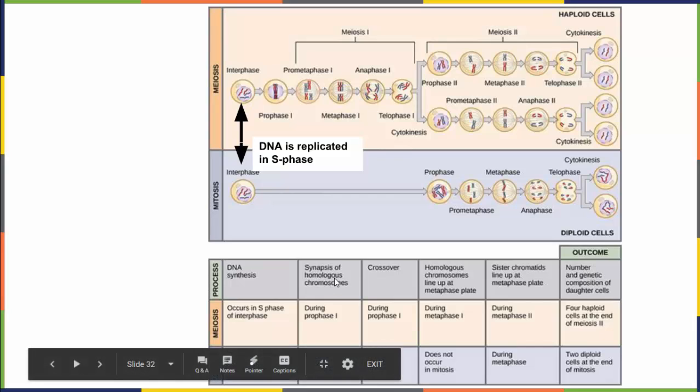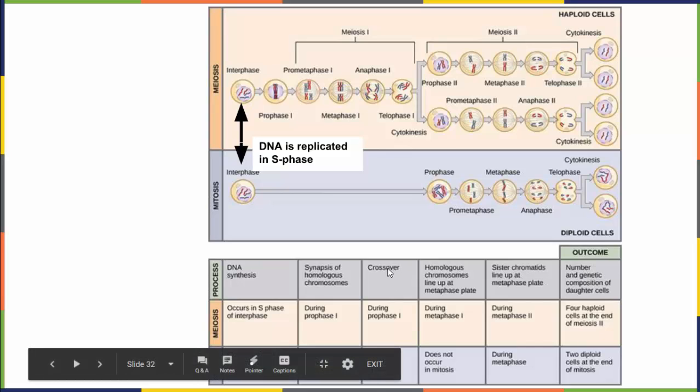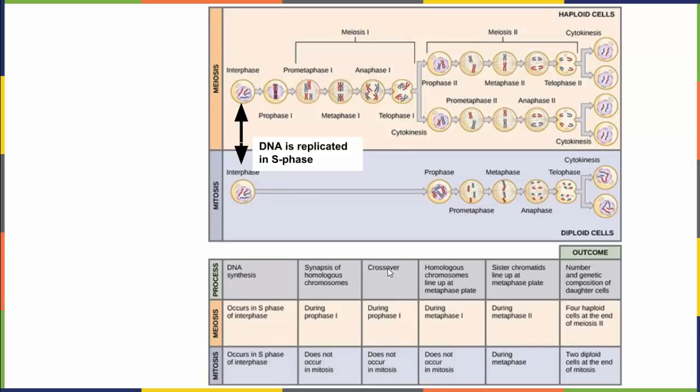So this is where they form that synapse, that tetrad formation, where the homologous chromosomes cuddle up together. It does not occur in mitosis. It occurs during prophase 1 of meiosis. Crossing over, or recombination, again, does not occur in mitosis, but it's during prophase 1 of meiosis.